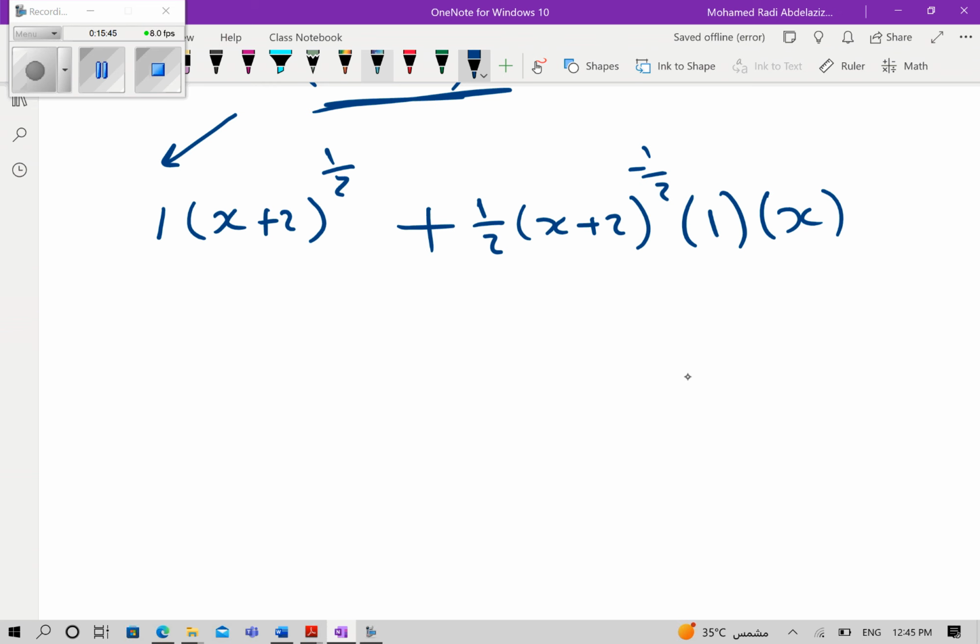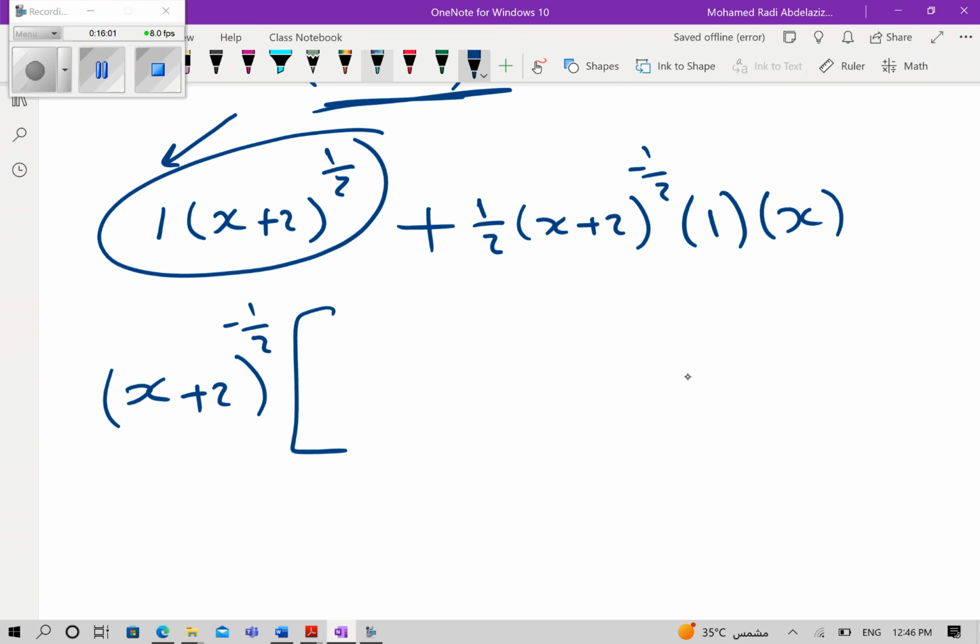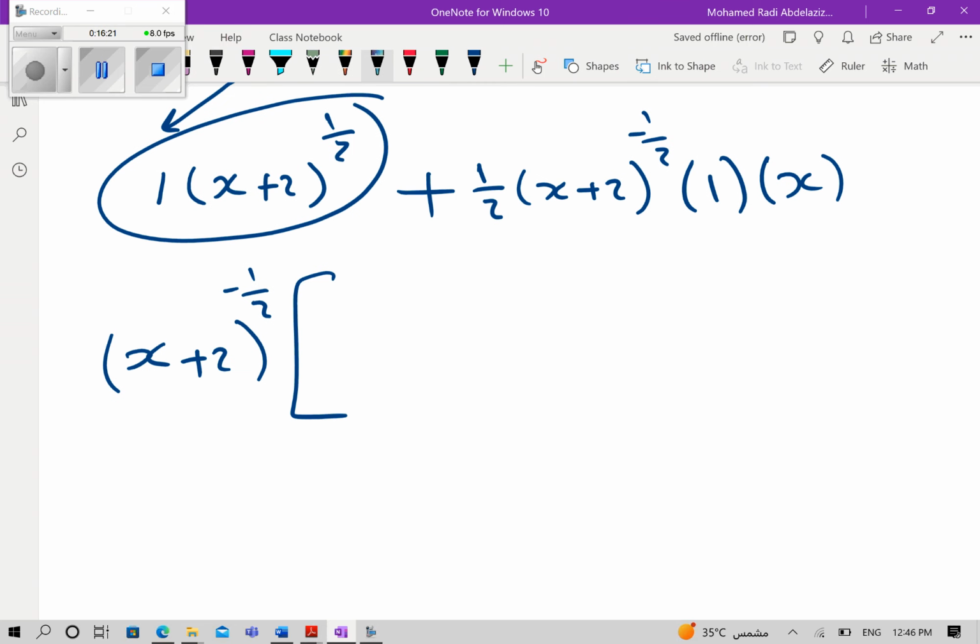If you take (x plus 2) all to the power of negative half outside, what will be left inside? The answer will be x plus 2 only. Why?